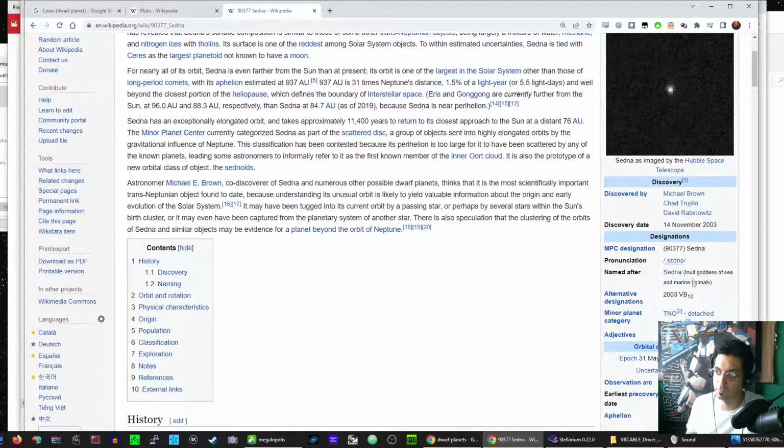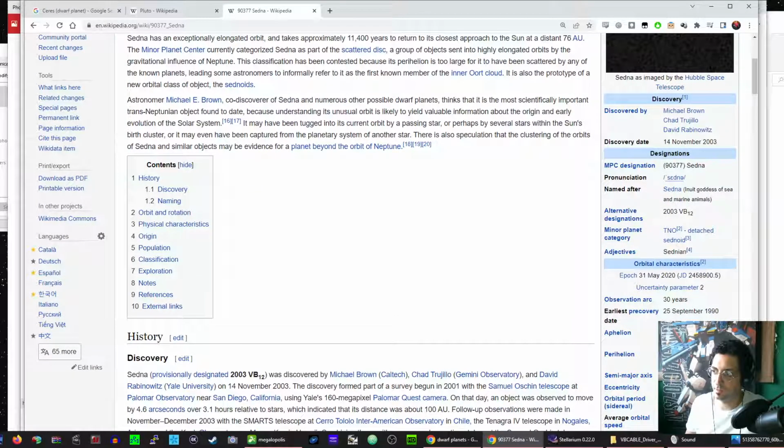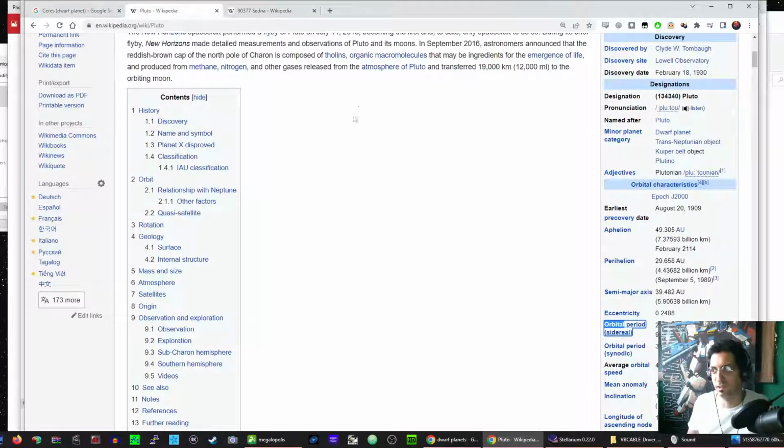Now let's look at Sedna. Sedna is 937 AU to 76 AU. So at its closest, it's about twice as far away as Pluto is, or maybe a little more than that.